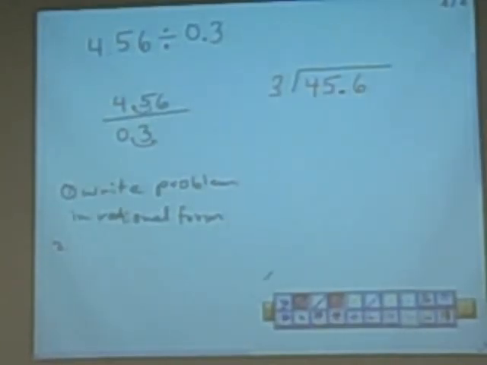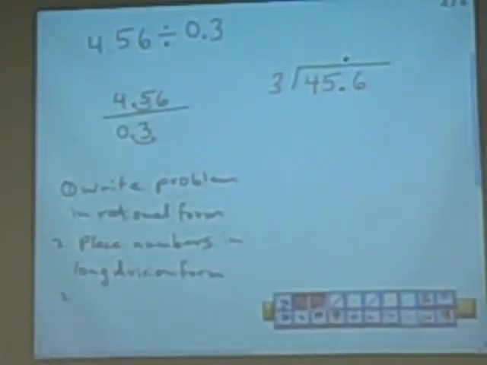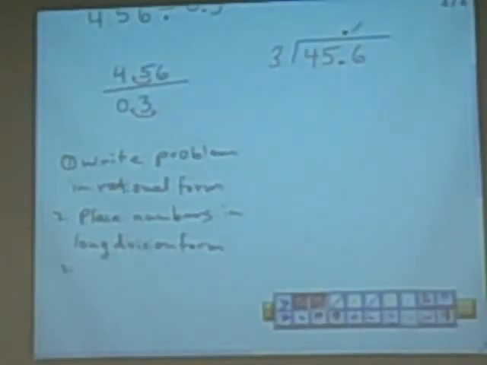Okay? So, step 2, place numbers in long division form. And this is one of the most critical parts, placing the decimal point for your quotient, or what's above that division line.